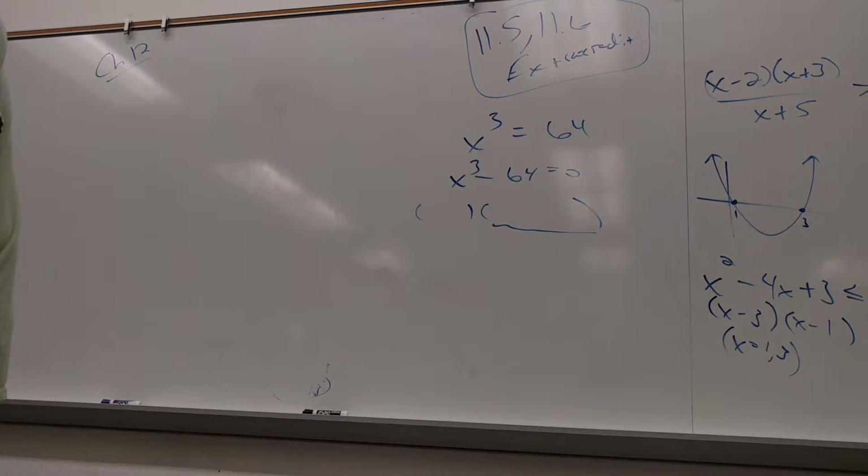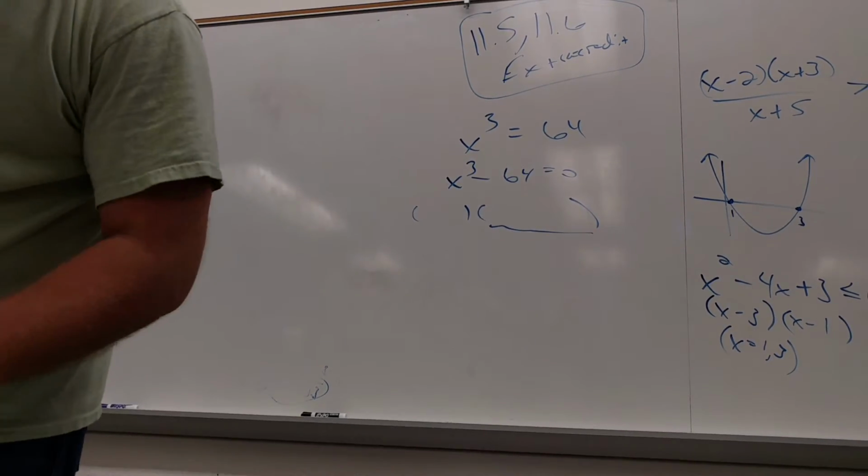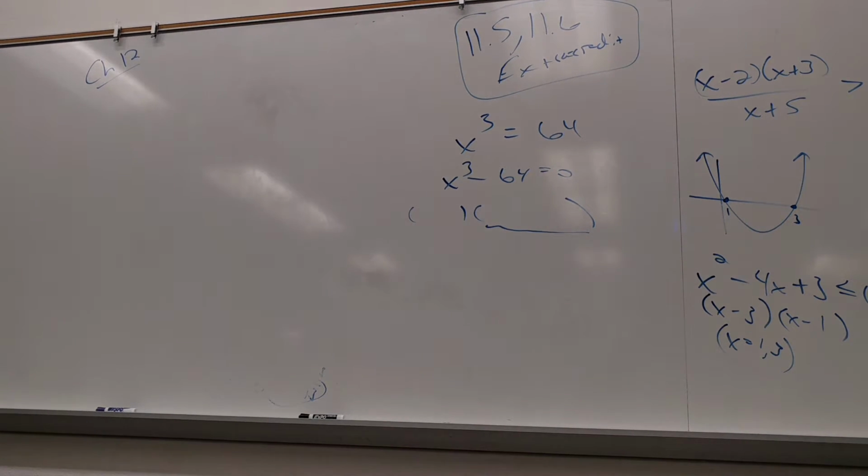Yeah, I think I gave all mine away. Yeah, so when you go to do section 11.6, you do the updated version for the extra credit, because I cut back on the numbers. Cool. Okay.